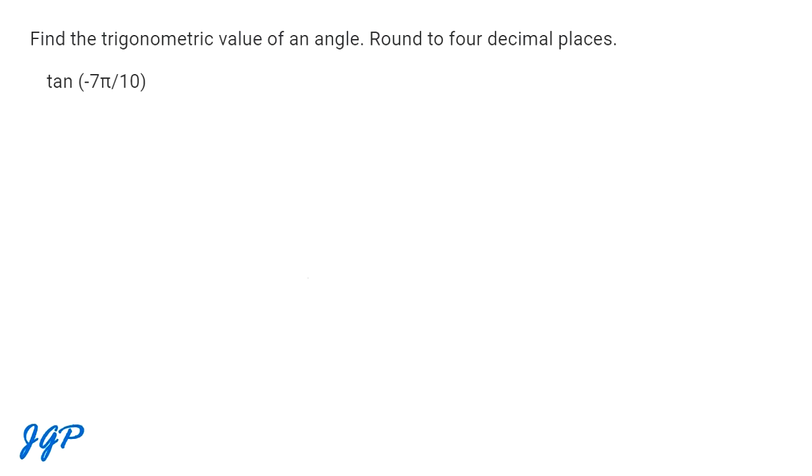So this one is equal to 1.37638192. And then, round your answer to 4 decimal places. So, hanggang dito. Since our fifth number is 8, that is round up. The value now of your tangent, negative 7 pi over 10, is equal to 1.3764.